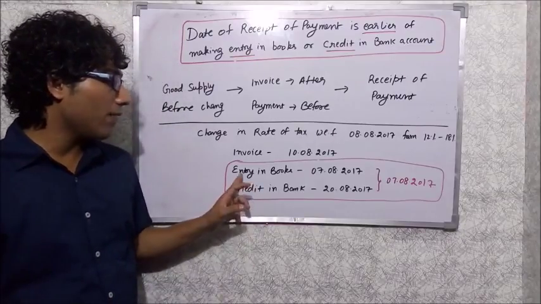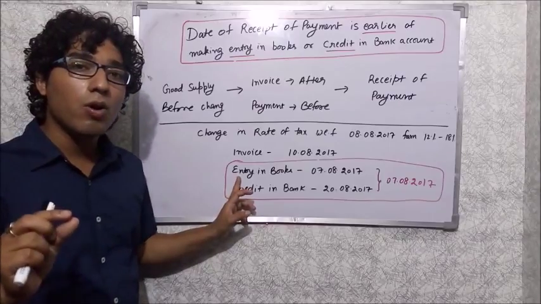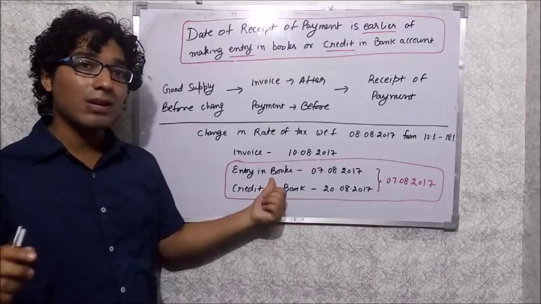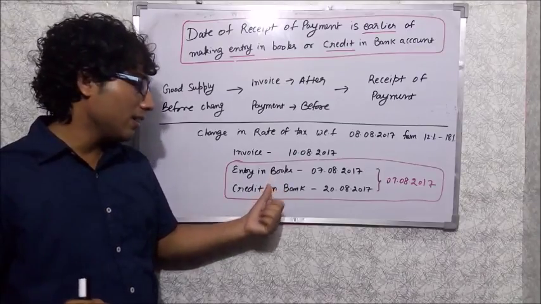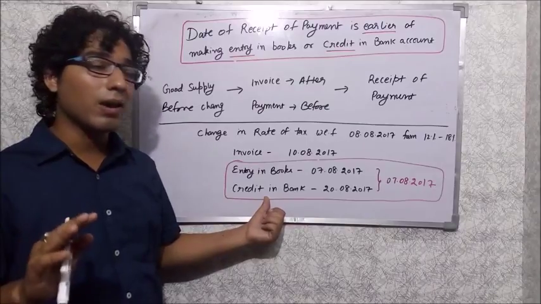So firstly we have to consider those two situations, and we know the law that the date of receipt of payment is the earlier of the date of entry in his books of account and the date when the amount is credited into his bank account.